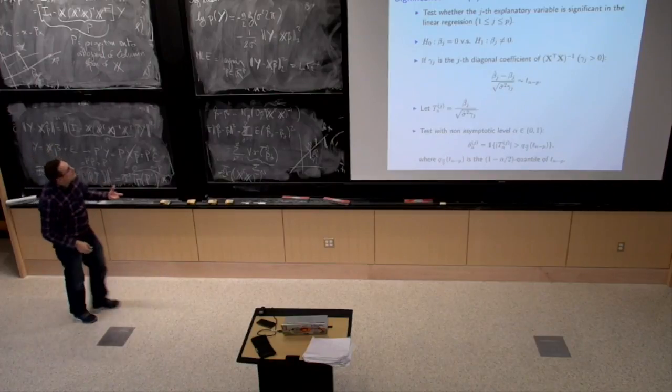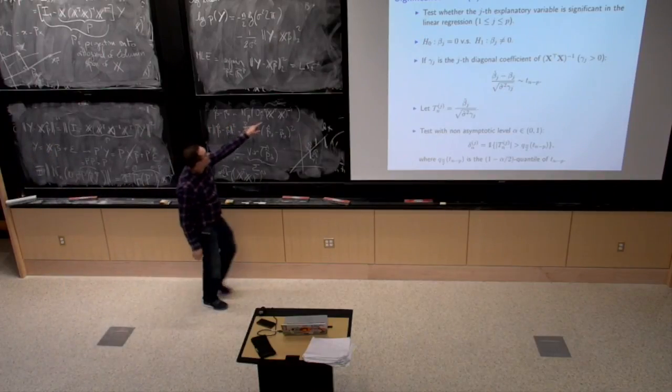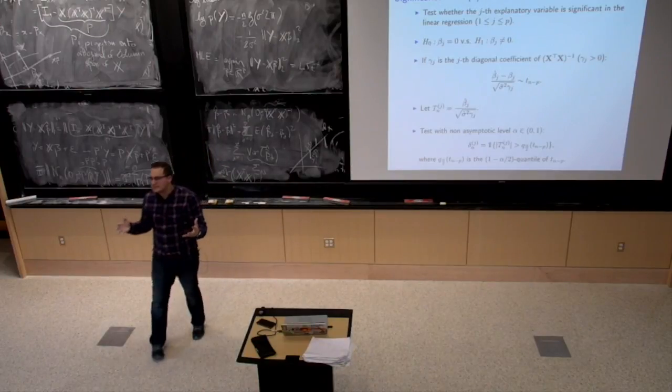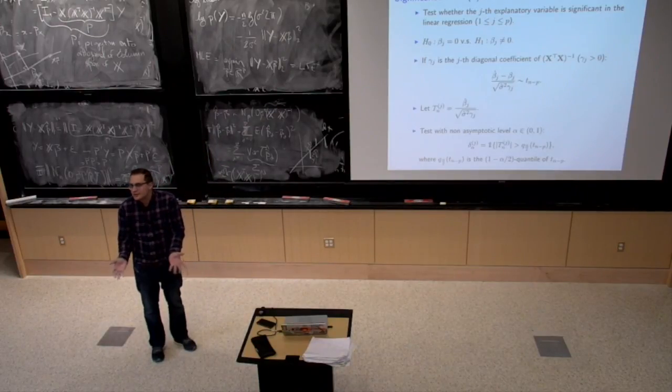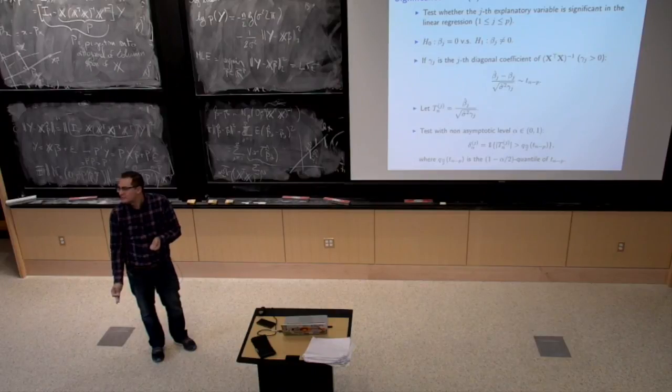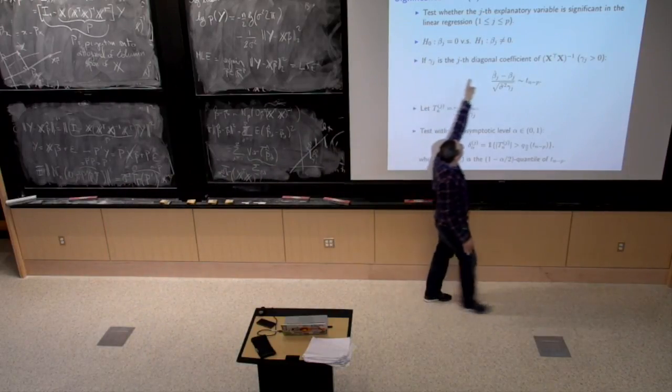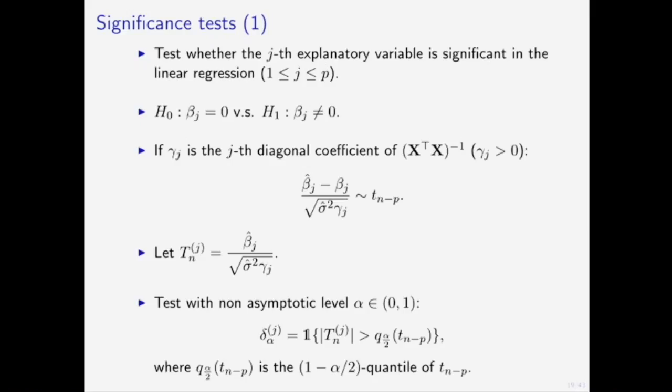Yeah, beta is gone. Oh yeah, that's where it is. The covariance matrix depends on this matrix X transpose X. So this will show up in the variance, right? In particular, the diagonal elements are going to play a role here. And so that's what my gammas are. The gamma_j is the j-th diagonal element of this matrix.